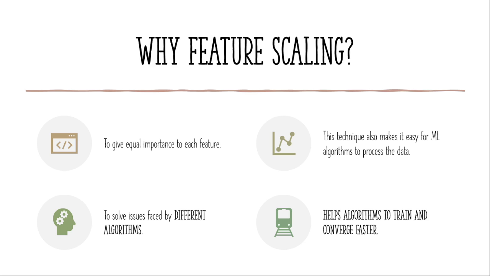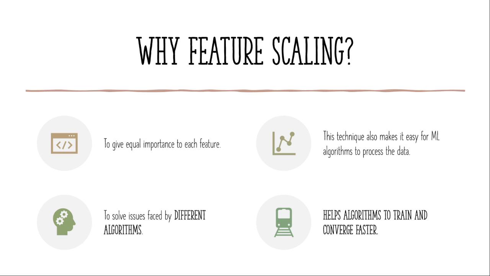So why will we be using it? Because we will face different issues when we apply different algorithms on a data set. One issue is not giving equal importance to every feature, and the other is not converging faster. Also, ML algorithms will not process the data properly when we have data of different scales.